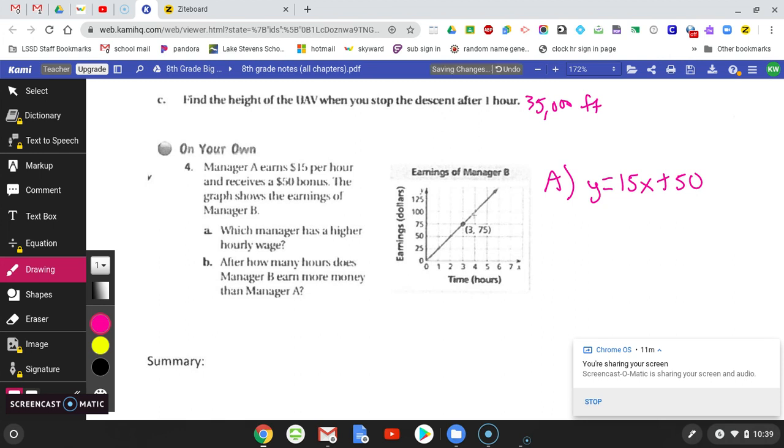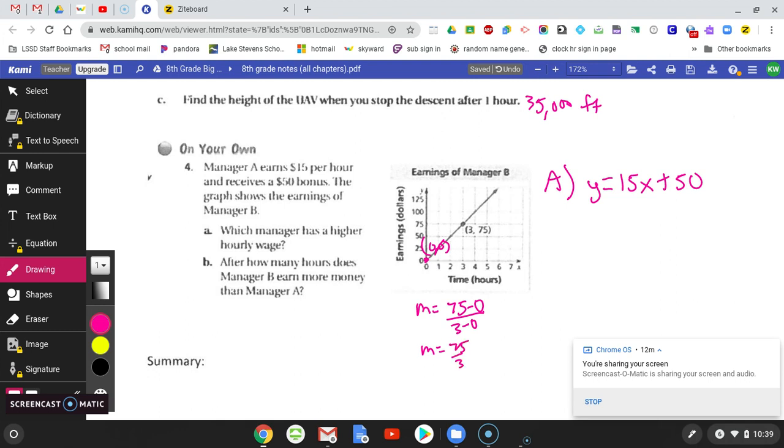The graph over here shows the earnings of manager B. We could write an equation of this one if we wanted as well. So we've got coordinate points here and here. So let's find the slope between those 2 points. So I've got the point 0, 0. So if I do y2 minus y1 over x2 minus x1, I can see my slope is 75 over 3.